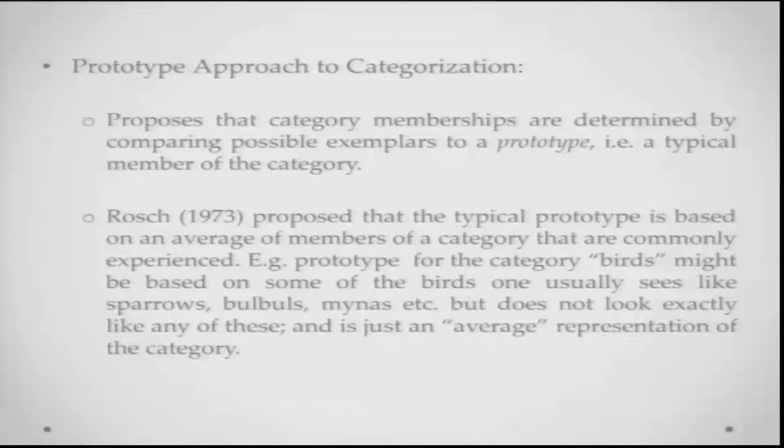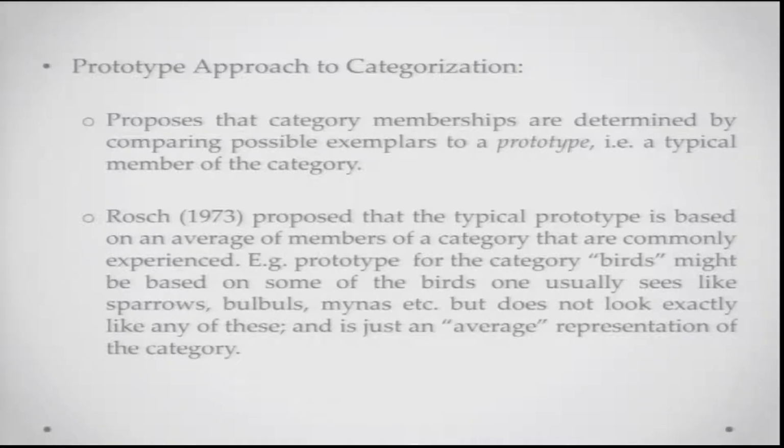Now, this approach has been referred to as the prototype approach to categorization. The prototype approach proposes that category memberships are defined by comparing exemplars, new members, to prototypes. What is a prototype? A prototype is a typical member of the category.